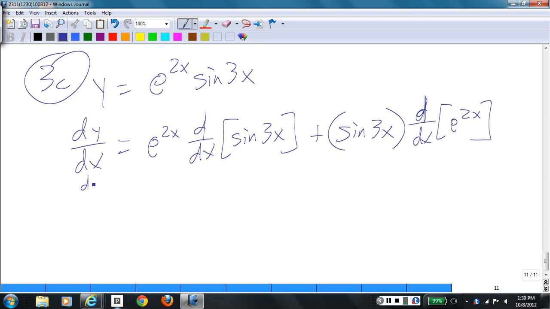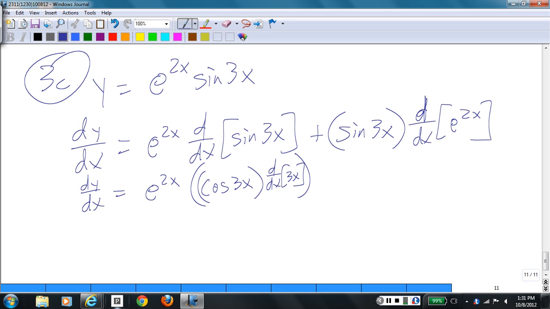Dy dx equals e to the 2x times, okay, just a little bit of chain rule here. Derivative of sine of something is going to be the cosine of that something times the derivative of that something. Basically, it's 3 cosine 3x.